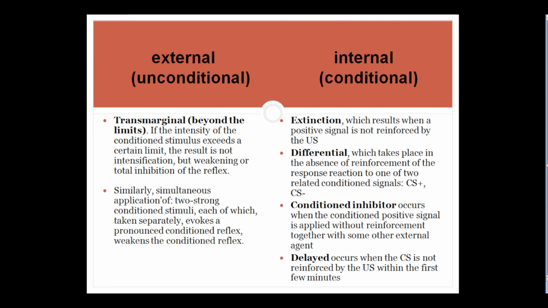Internal, conditioned inhibition, internal inhibition. This is when you're changing the procedure itself. For example, the first type of inhibition is extinction. This is when you stop reinforcing the conditioned stimuli. Let's say you gave a bell a couple of times, but you were not giving the food next to it.